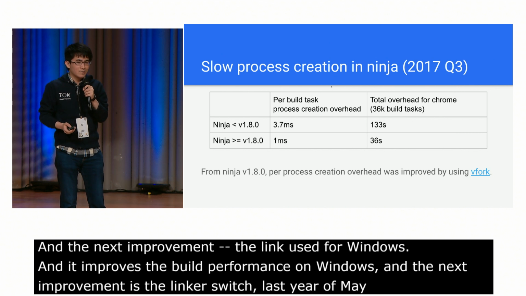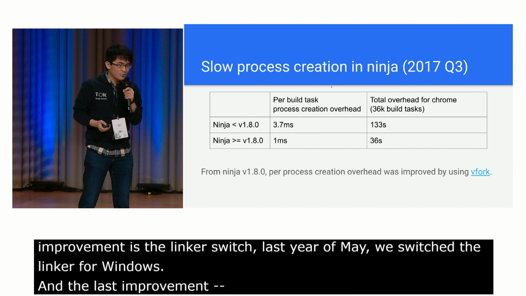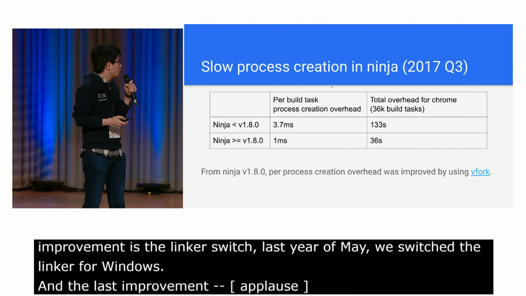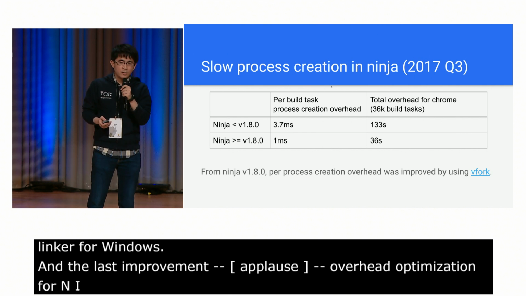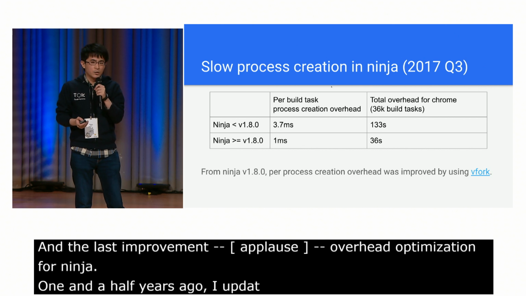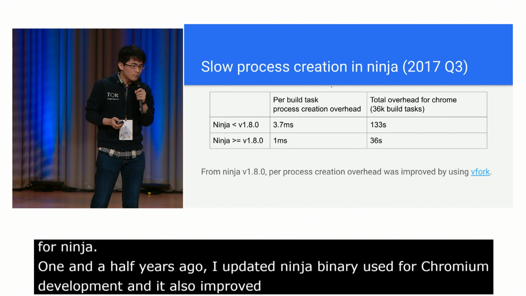The last improvement is overhead optimization for Ninja. 1.5 years ago, I updated the Ninja binary used for Chromium development, and that also improved build performance.